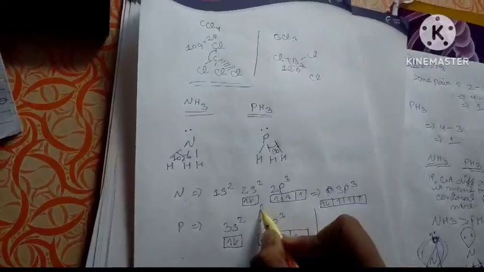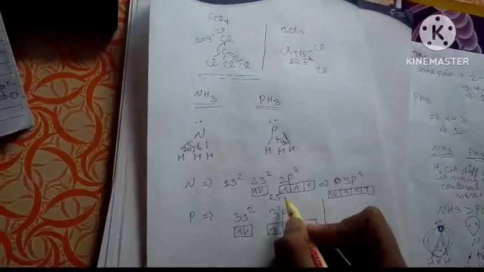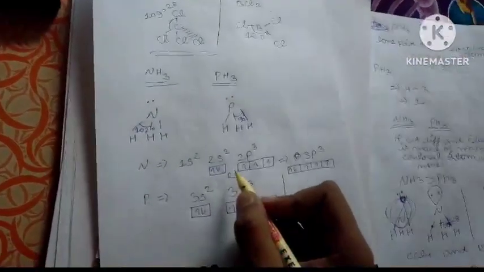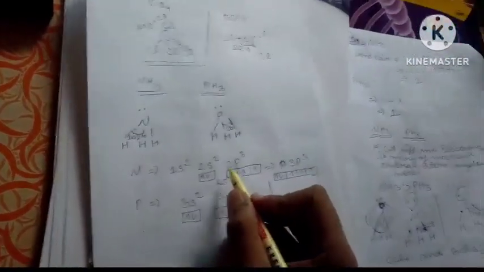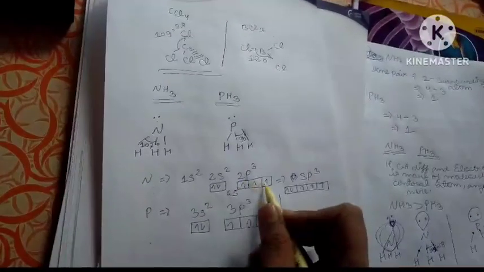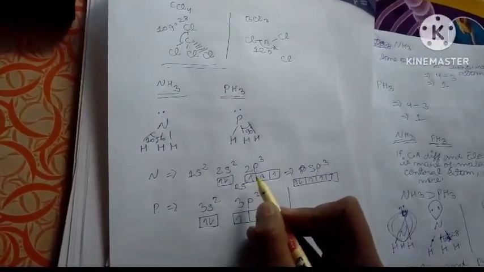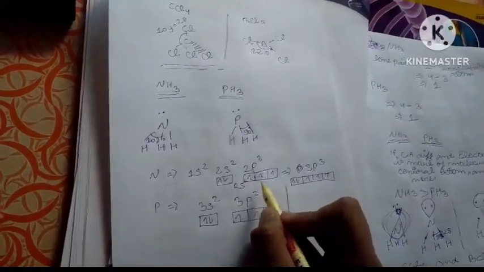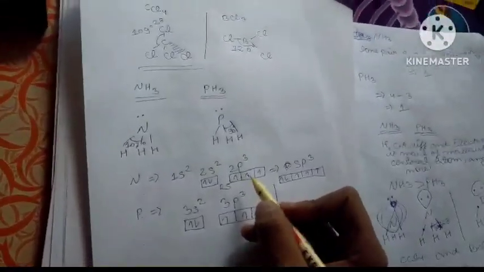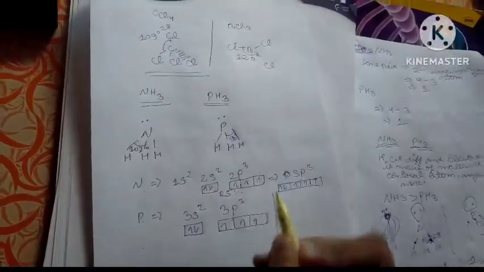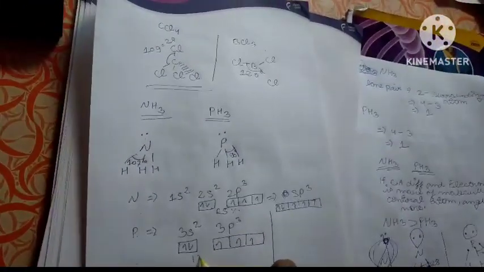So here the s character is 25%, because when we calculate one s orbital among 4 orbitals, it is 1 by 4 into 100, which comes to 25%, and here it is 100%.